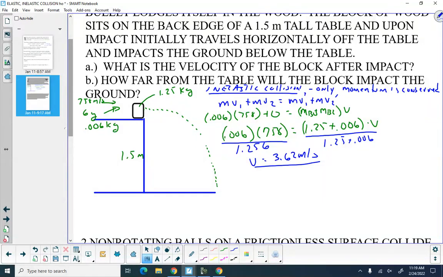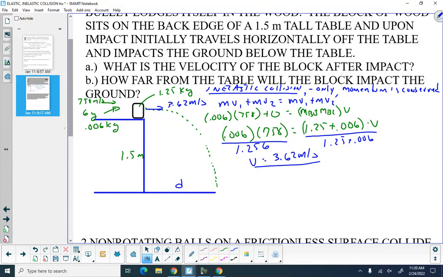But the object will then fall from our tabletop. We have an initial velocity horizontally of 3.62 meters per second, and we want to find the distance it will travel and hit the floor below.